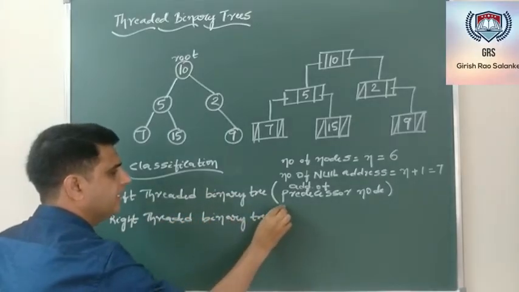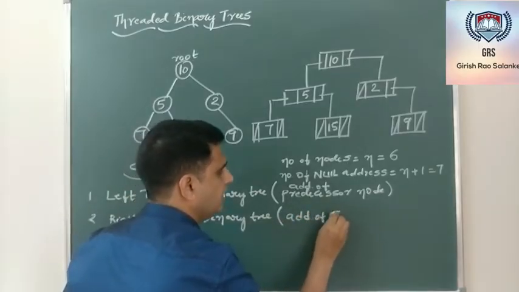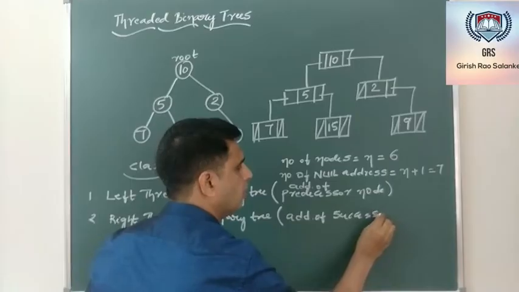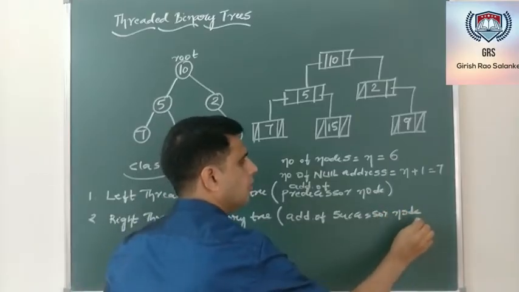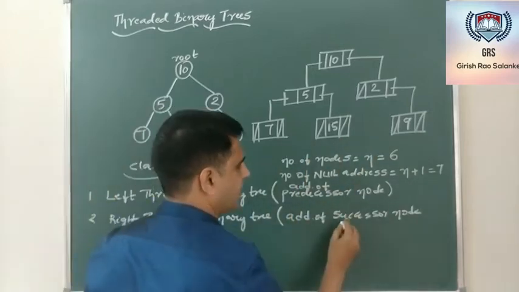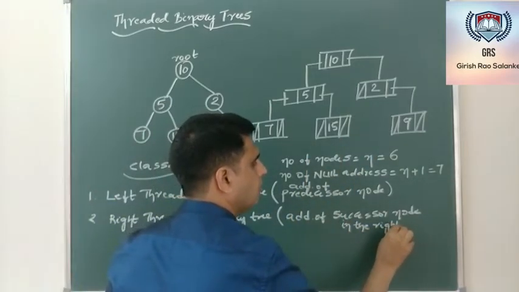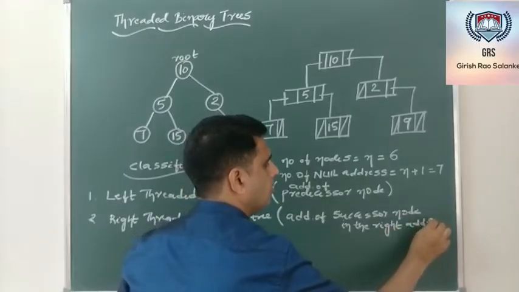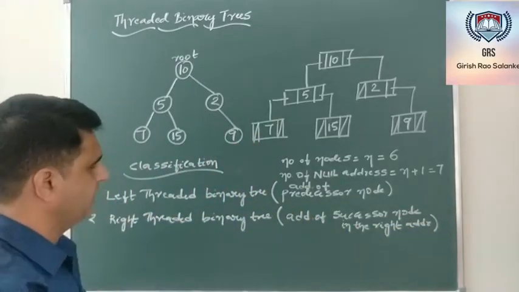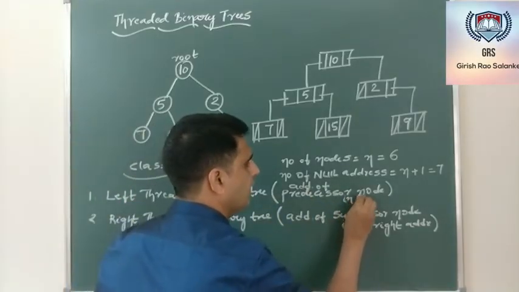In the case of right threaded binary trees, we will be storing the address of the successor node in the right address. In left threaded binary trees, we store the address of the predecessor node in the left address.